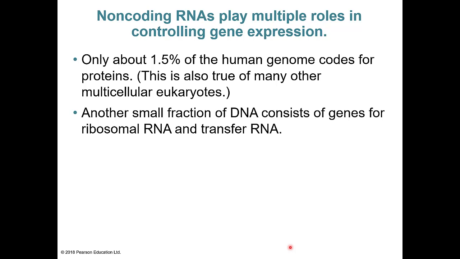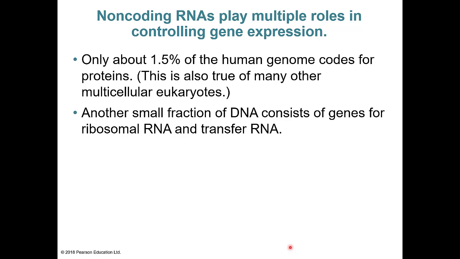Some of the DNA has genes for making ribosomal RNA and transfer RNA. We looked at making of messenger RNA, but we also saw the role of transfer RNA in bringing in the amino acids when we're building a protein. Well, that has to be made somewhere too, and we make that back off of DNA as well. Same thing with the ribosomes. Remember, ribosomes were made up of ribosomal RNA and protein. Where do we get that RNA? The instructions are back in the DNA.